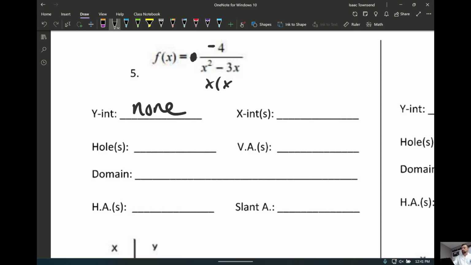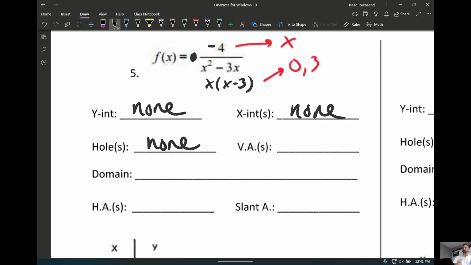I can factor the numerator and the denominator. The numerator never equals 0. -4 and 0 are never the same thing. And the denominator equals 0 at 3 and 0. So there's no numbers that make only the numerator 0, which would be x-intercepts. There's no numbers that make the numerator and denominator 0, which would be holes.